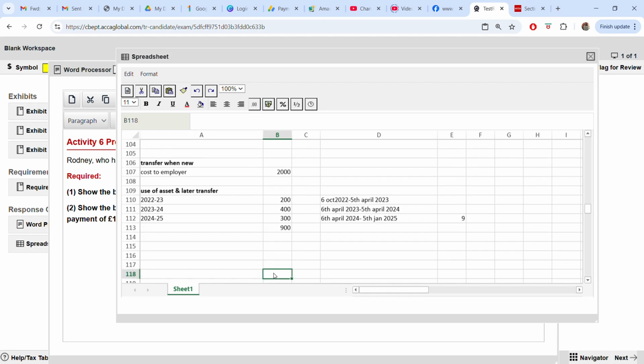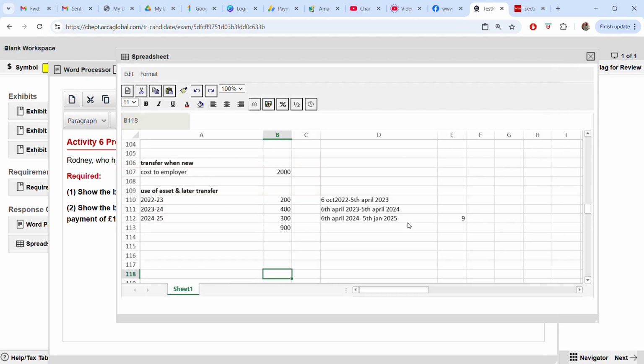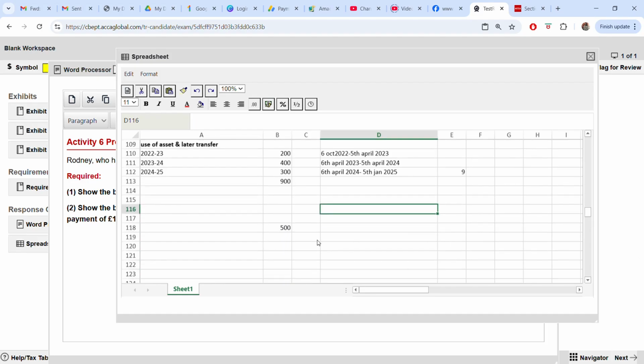It is higher of market value. What is the market value at the date of transfer? They have given you 500. And original market value less annual use benefits assessed to date.